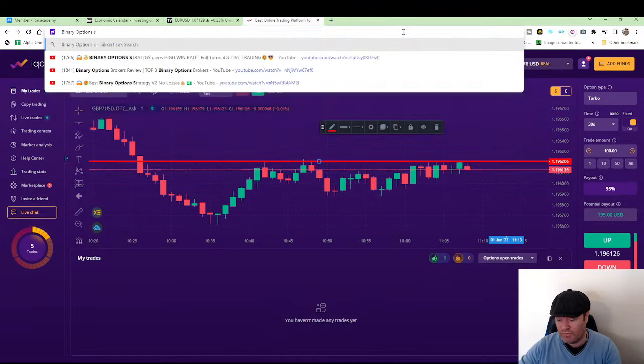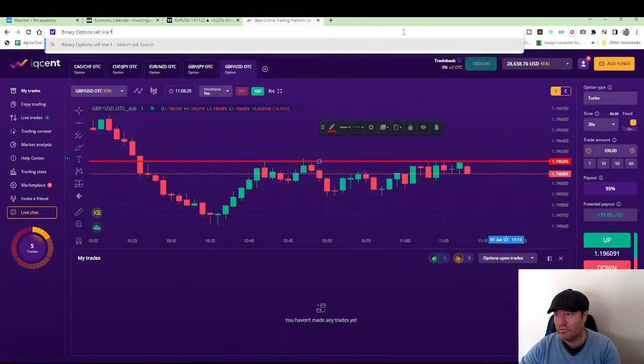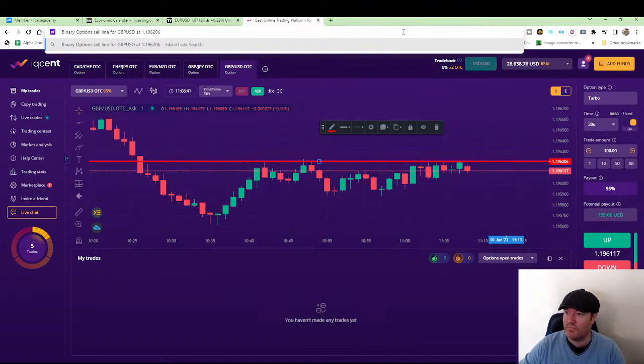Options sell line for GBP USD at 1.196206.